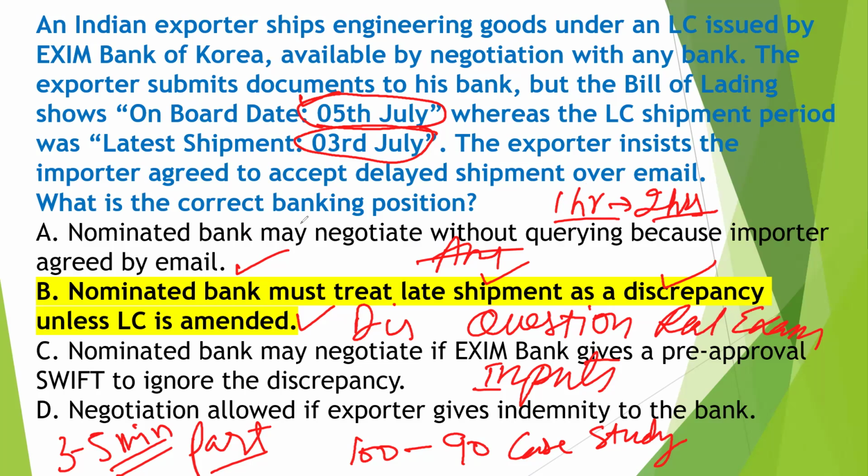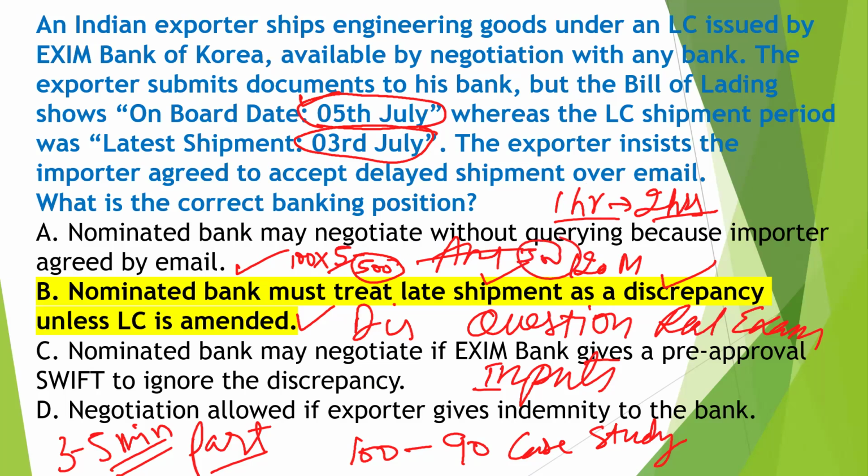Suppose 100 questions are coming and for each question you have to give 5 minutes, so you need 500 minutes, but in 2 hours you have only 120 minutes. I don't say that all questions will take 5 minutes. If each question takes 3 minutes also, then you need 300 minutes.